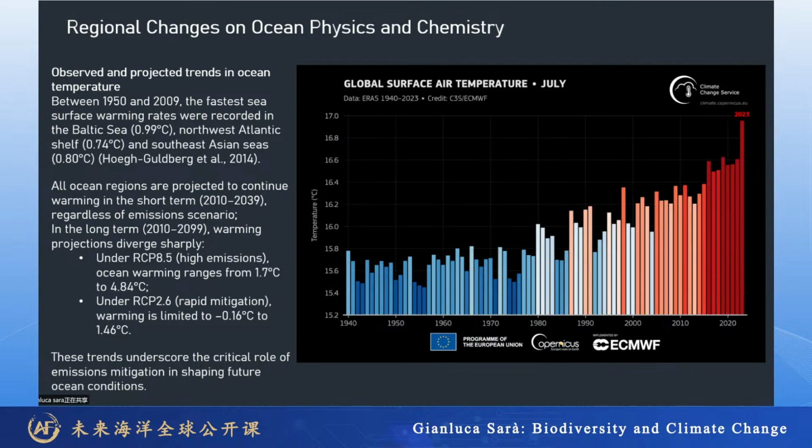And then we have different scenarios. For example, we use the RCP 8.5 or the 2.6. These are different scenarios that we include in our models, for example, to simulate the different kinds of temperature increase in the future.